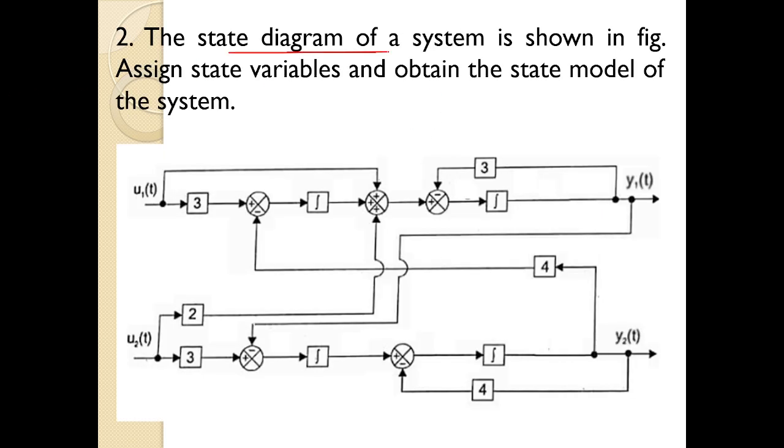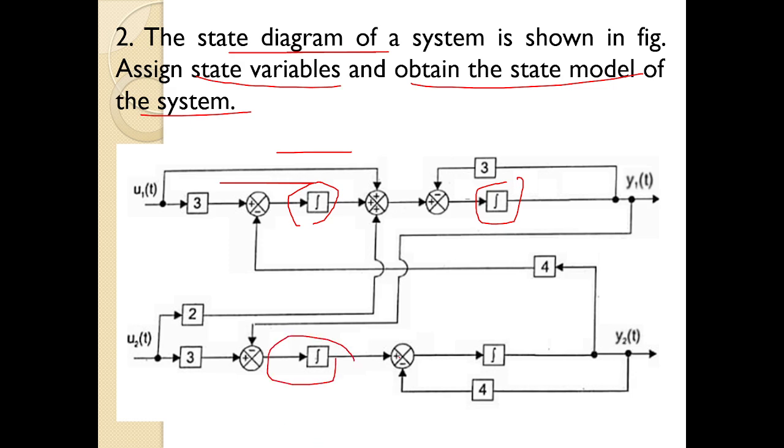The state diagram of a system is shown. The state diagram is given. Assign state variables and obtain the state model of the system. If you observe the given diagram, there are 4 integrators: 1, 2, 3 and 4.